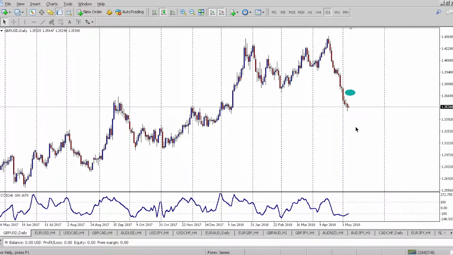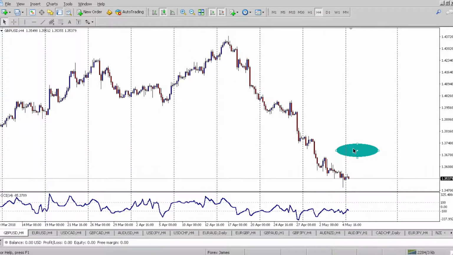I'm seeing a potential range before deciding the direction, whether it's going to go up or down. But my bias would be to the downside here. Direction is to the downside.